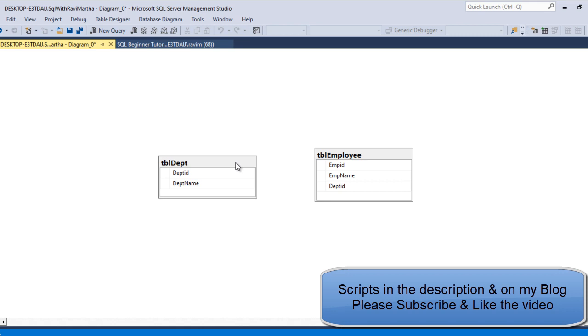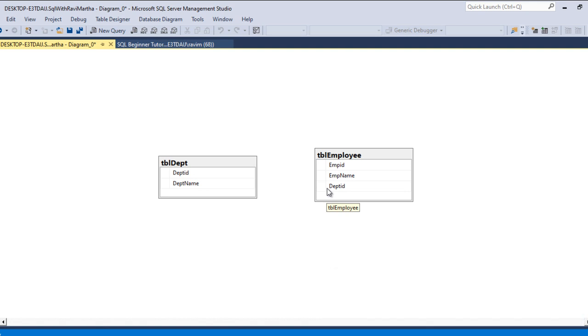There will be a separate table for department with a department ID joining these two tables. This process of reducing the redundancy or duplicate data is called normalization. These two tables are related by using a common key called department ID, right? I didn't physically establish the relationship between these two tables, but that's how it works. The tables are related to each other, and these two tables can be connected using joins.